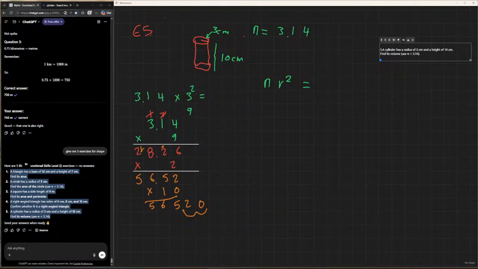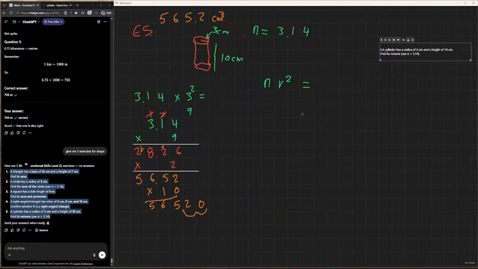So for this one we are 565.2, and then this is gonna be, wait a second. So this is 1 centimeter, okay, so centimeter cubed.